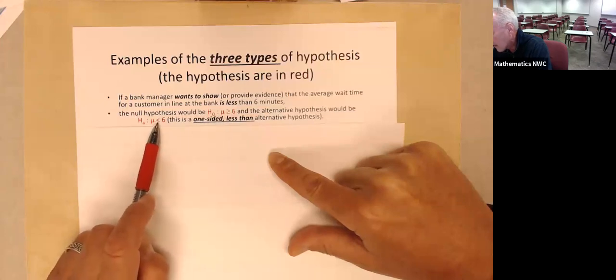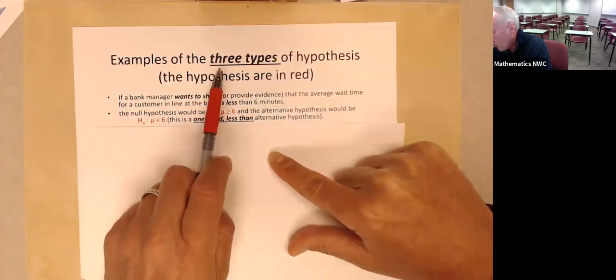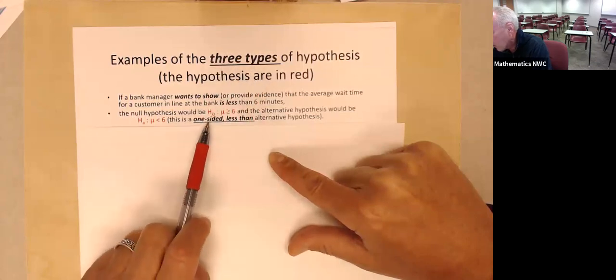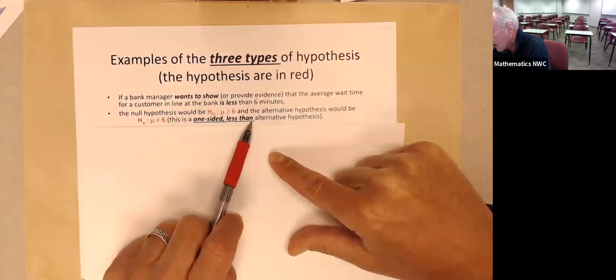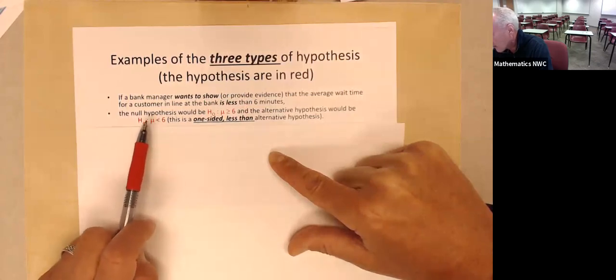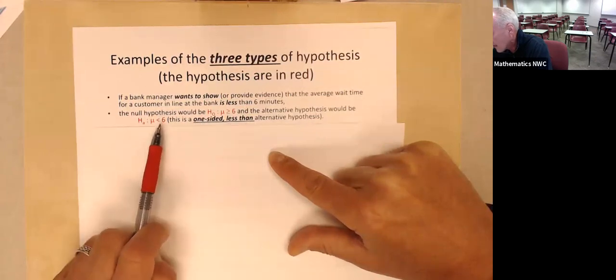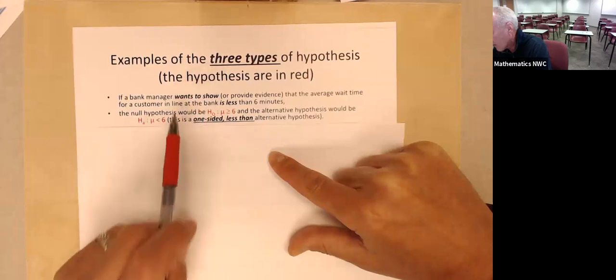So if this one said less than, this one must say greater than or equal to. This is one of the 3 types. It's known as the one-sided less than alternative, because right here it was one-sided, it didn't go not equal to. It was either going to be less than or greater than. This one was less than, a one-sided alternative. It's one of the 3 types.